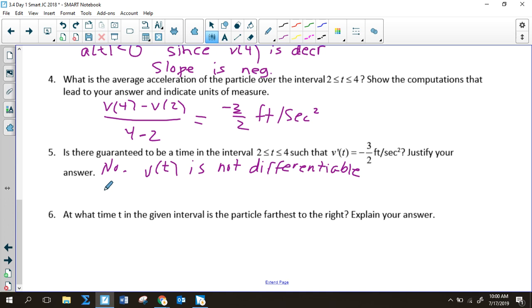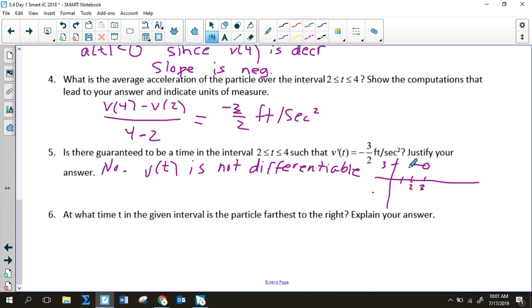So if you look at the derivative of the velocity on 2 to 4, I'm going to draw a quick awful sketch, sorry. So from 2 to 3, the slope is, I believe, 3.